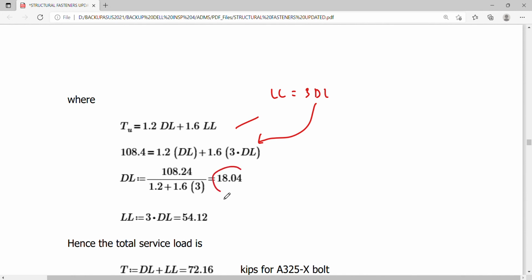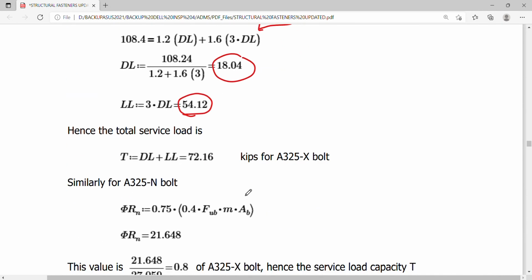The dead load is 18.04, the live load is 3 times 18, so this is now the live load. Therefore, the total service load is simply the unfactored loadings from the dead and the live. We simply add them, so this is your total service load, 70.16, considering threads excluded.